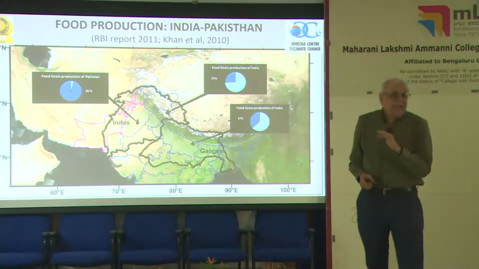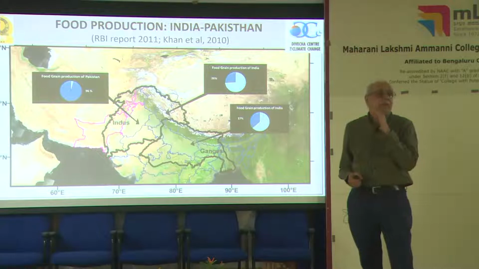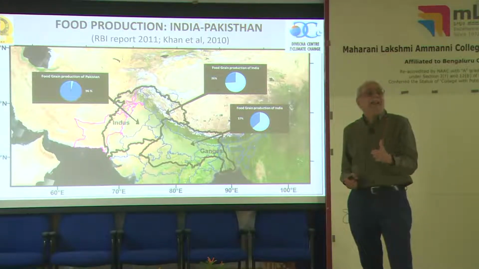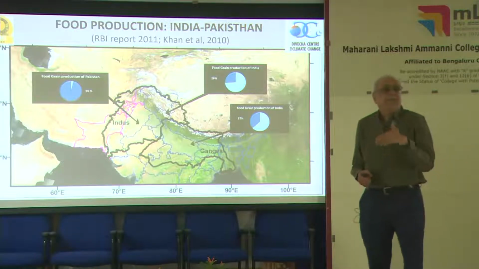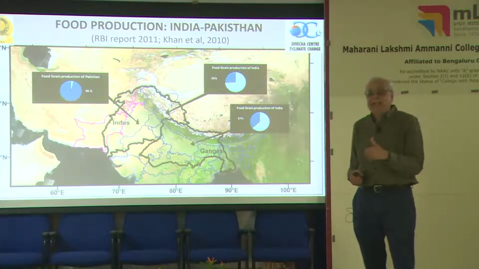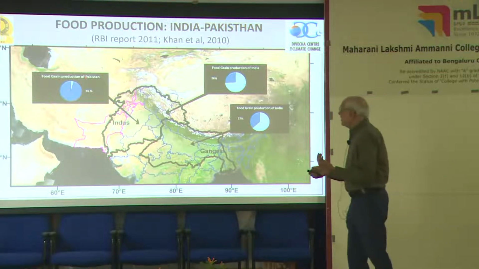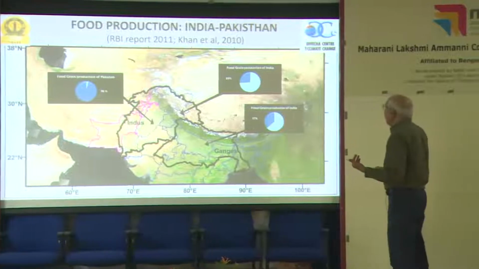That means, first of all, you have the Indus Basin which is more vulnerable to climate change, and then the food production of Pakistan is much more vulnerable because they produce all their food from the Punjab region and very little in Sindh and other regions. So in that sense the food production is significantly affected.